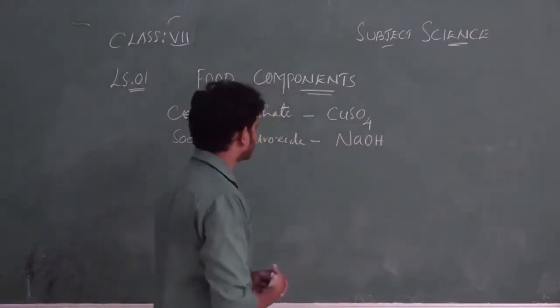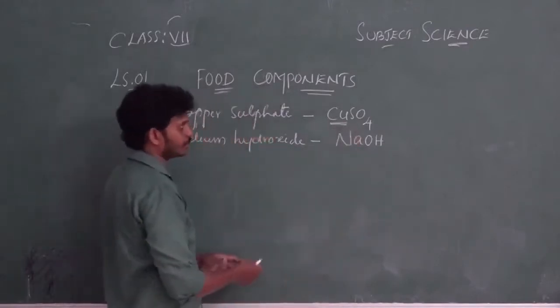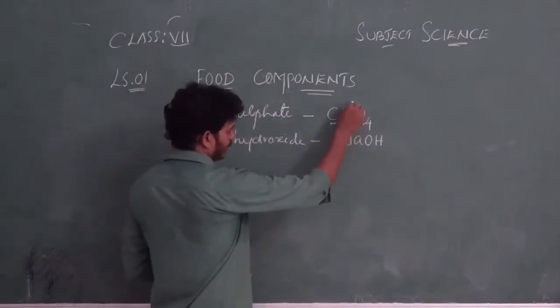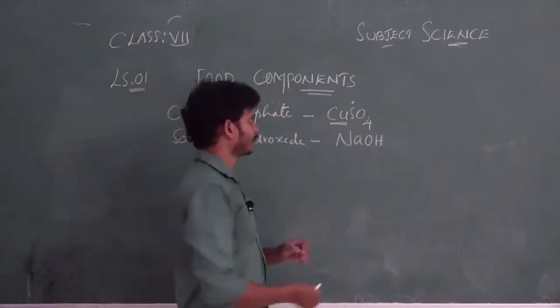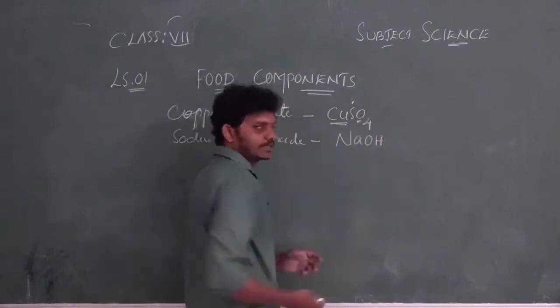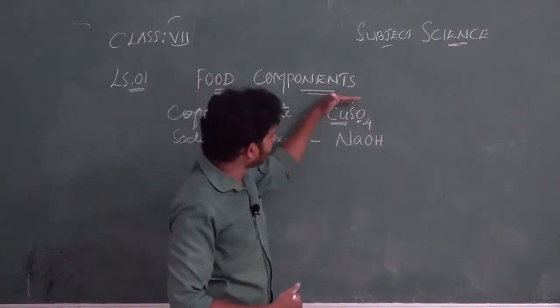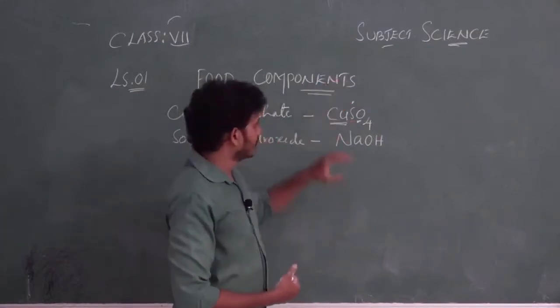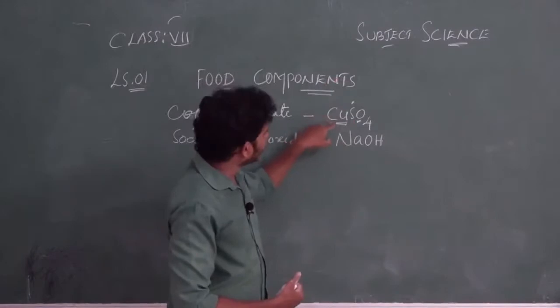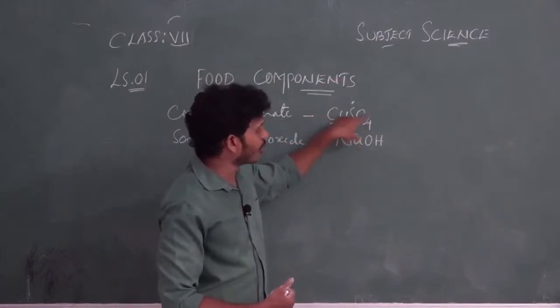Let's observe this. Here, the symbol for copper is Cu, S is for sulfur, and O is for oxygen, a combination of these three elements: copper, sulfur and oxygen. One atom of copper reacts with one atom of sulfur and 4 atoms of oxygen.